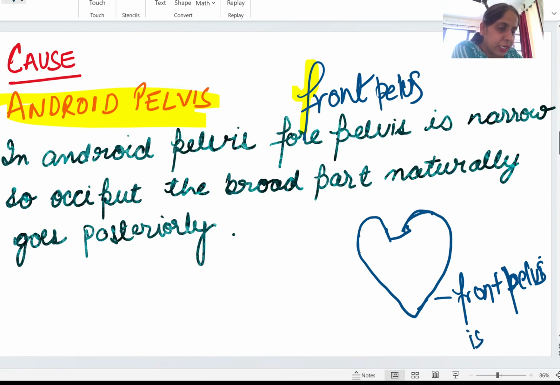The front pelvis is narrow, right? So the occiput is broad. Which is the broad part of the fetal head?